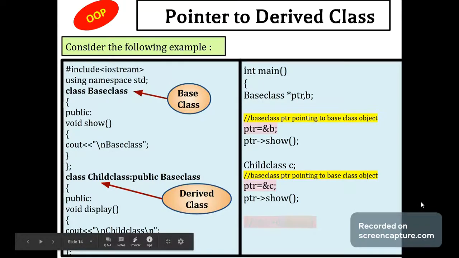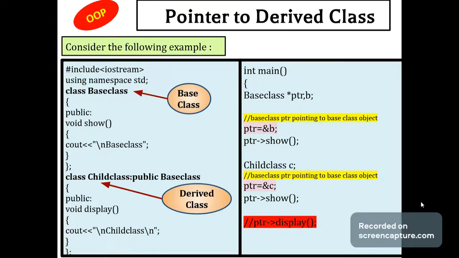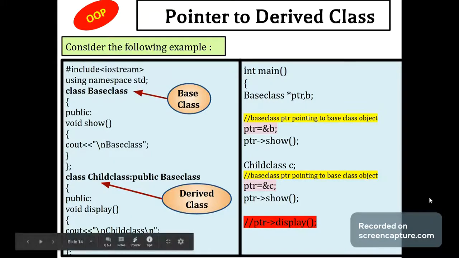But when I write ptr arrow display, display is a function of which class? Child class, that is the derived class, and you are accessing that display function using which pointer? Base class pointer. So this is not allowed, as we have seen, a base class pointer cannot access the members which belong only to the derived class.